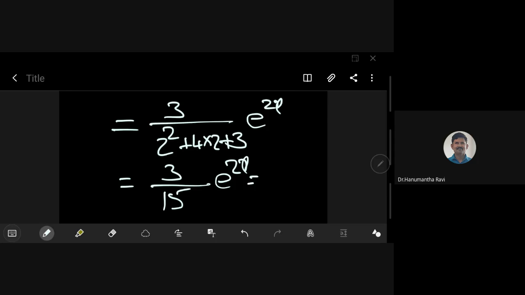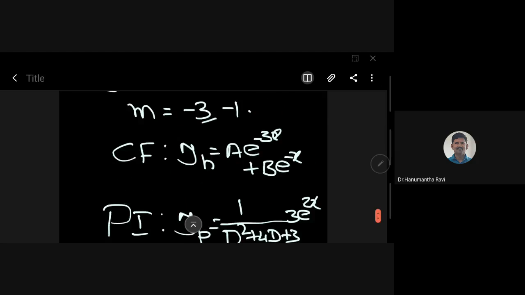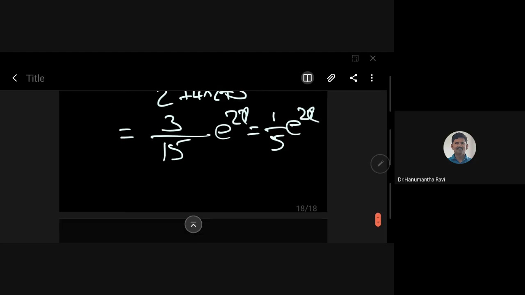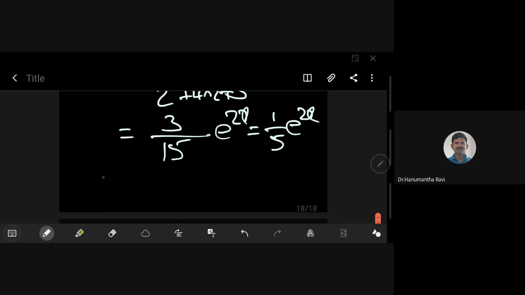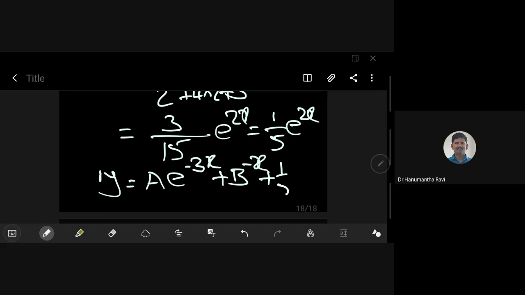This is nothing but 1 by 5 into e power 2x. So what is our final solution? Our final solution is y is equal to a e power minus 3x plus b e power minus x plus 1 by 5 e power 2x.